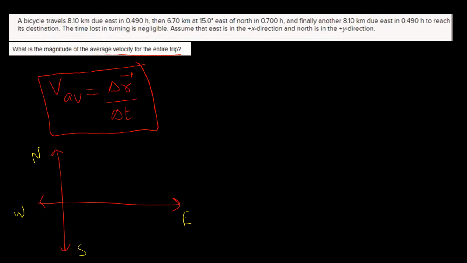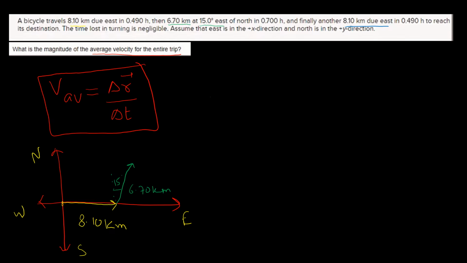So first it says that it travels 8.10 kilometers. It starts from here and goes 8.10 kilometers in this direction, and next it goes 6.70 kilometers at 15° east of north. So the second displacement is this 6.70 kilometers at an angle of 15°, and then after that it further goes 8.10 kilometers due east.